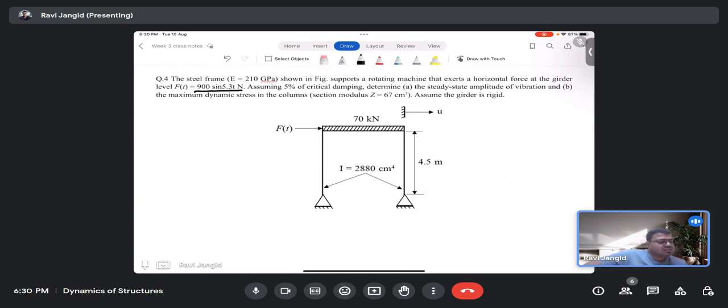And the next is we need to find out the bending stress, or the dynamic stress, like bending stress due to the dynamic response. Did you understand the question? Anyone? A rotating machine exerts a horizontal force.